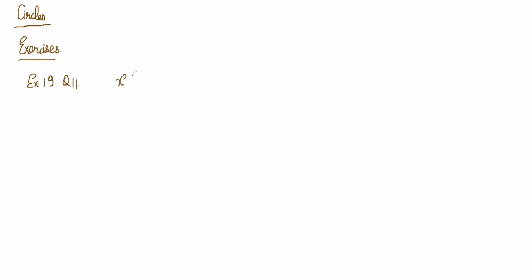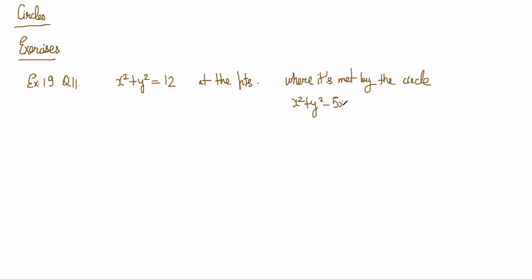Tangents are drawn to the circle x square plus y square is equal to 12 at the points where it is met by the circle x square plus y square minus 5x plus 3y minus 2 is equal to 0. Find the point of intersection of the tangents.